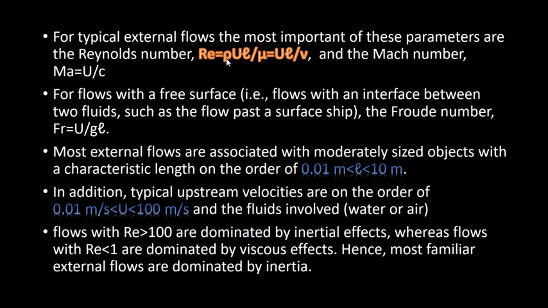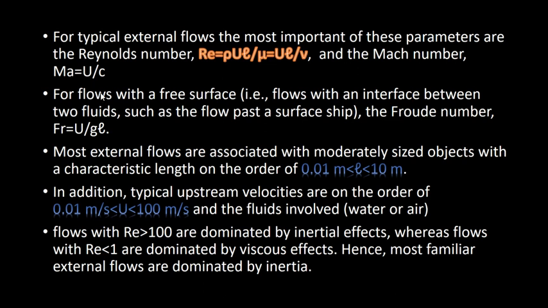Rho is the density of the fluid, U is the incoming velocity, and L is the characteristic length. Normally for the airfoil, the characteristic length is the chord length. We can also define the Mach number, which is the ratio between U and c, the speed of sound.